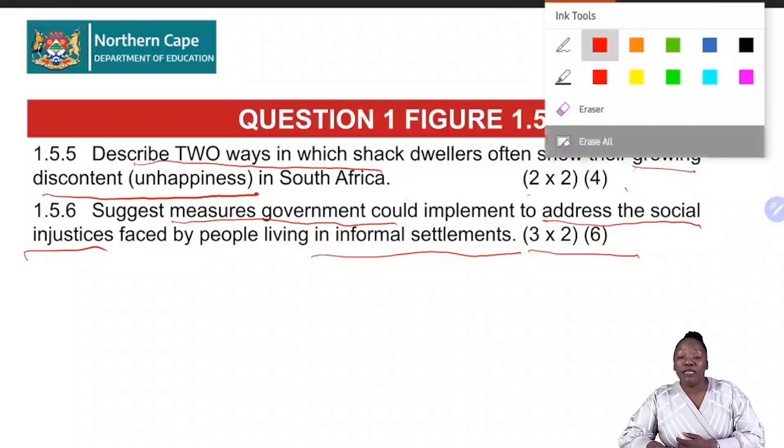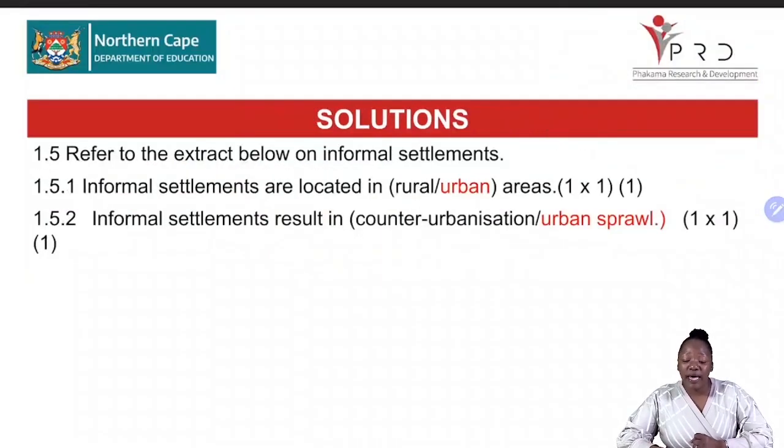I believe that we are done. So looking at our first question, the informal settlements are located in the urban areas. Remember, the informal dwellers are the ones who have moved from the rural areas with the hope that they will have better opportunities than they were having in the rural areas.